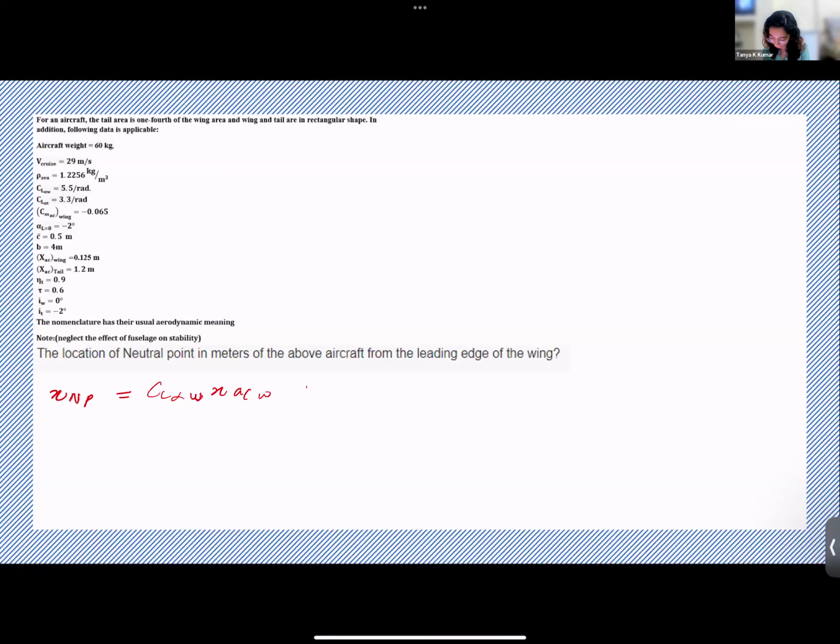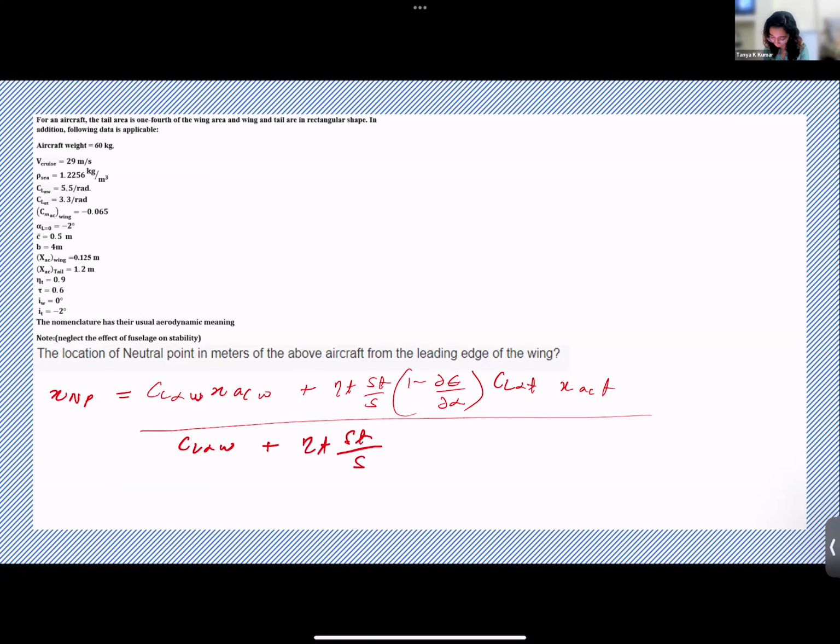Now let's look at the tail: eta tail ST upon S, 1 minus d epsilon by d alpha, CL alpha tail, and XAC of the tail, divided by the weights. So the denominator is CL alpha wing plus eta tail ST upon S, 1 minus d epsilon by d alpha, CL alpha of the tail. Substitute all the data given to you in the question and find out the answer. You'll be able to get it.